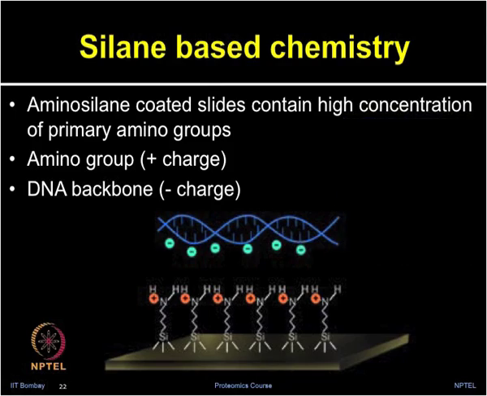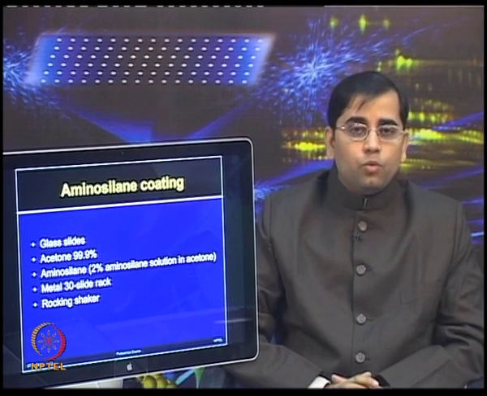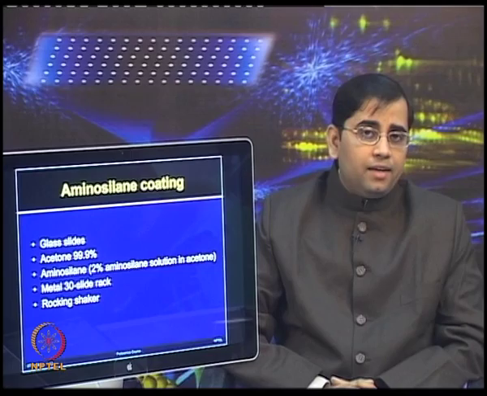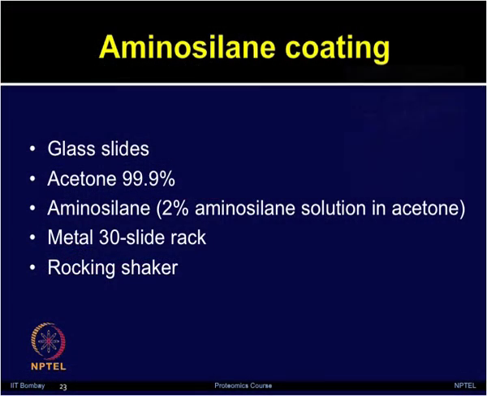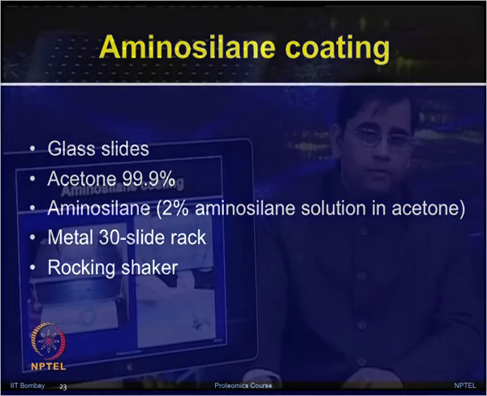surface coating. For performing aminosilane coating in the lab, one needs to have glass slides, acetone, aminosilane, usually 2% aminosilane solution in acetone works best. Then you need metal slide racks and you need a rocking shaker.